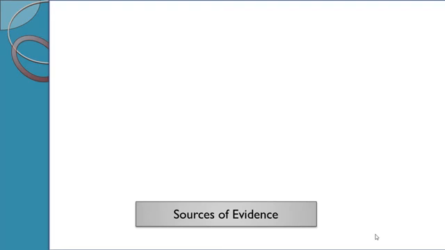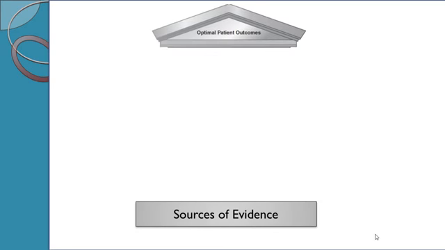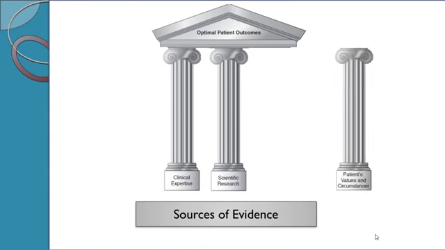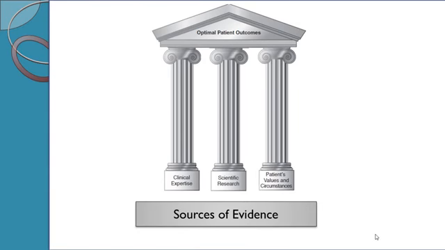So, what are the sources of evidence? Sources of evidence are clinical expertise and scientific research. There are three pillars. For optimum patient outcomes, for the patient to get better optimally, you require the best research evidence with clinical expertise that is administered keeping in mind the patient's values and circumstances.